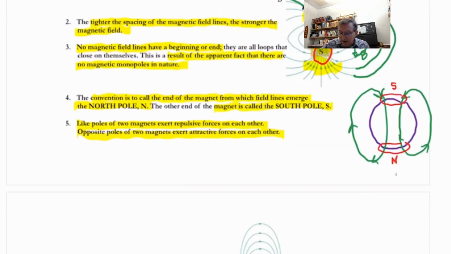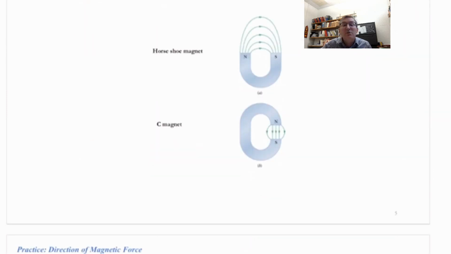You get other shapes of magnets besides bar magnets. Here are two common ones, the horseshoe and the C magnet, just because of the shape of the permanent magnet, with a north pole and a south pole, and magnetic field lines coming out of the north pole and going into the south pole. And that's a simplified representation, but that's basically it. Okay?